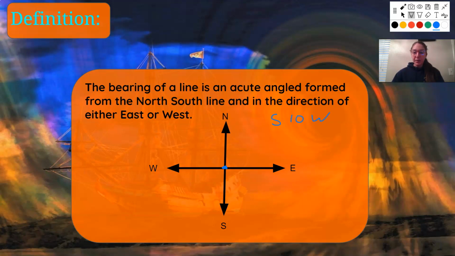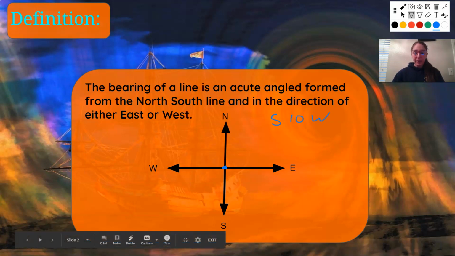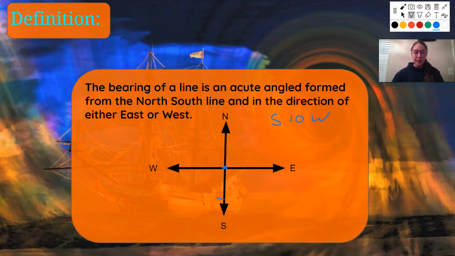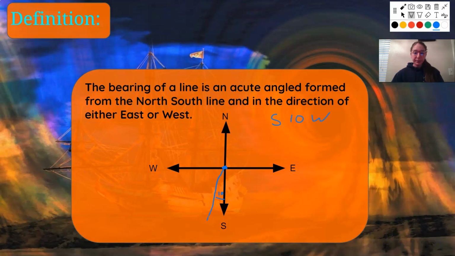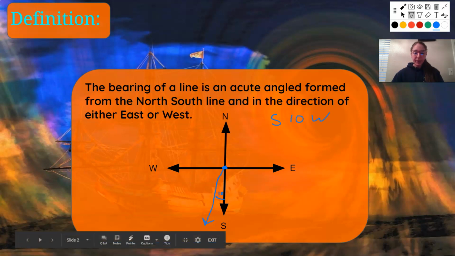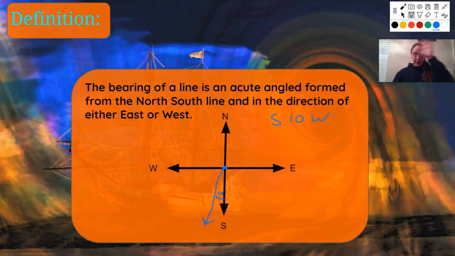Now I'm going to go 10 degrees, but I could go 10 degrees left or I could go 10 degrees right. Well, this says go 10 degrees, but go in the west direction. Well, west is left from this angle. So 10, which is very small. So I go 10 tiny degrees. And then this line juts out that way. So it tells me the direction of where this line is kind of going in space.